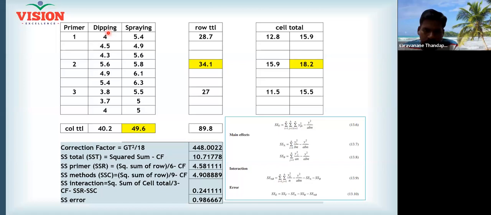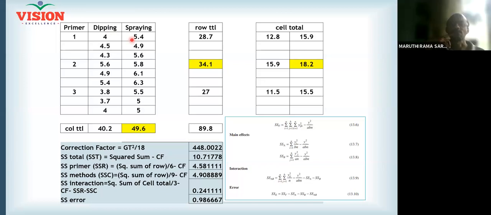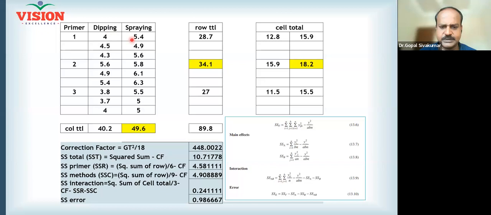Am I right? Yes. The quantum of adhesive force required to peel the painted layer. All of you, are you getting my point? Yes. Because your Y is adhesion force. So every number here is a measure of adhesion force.